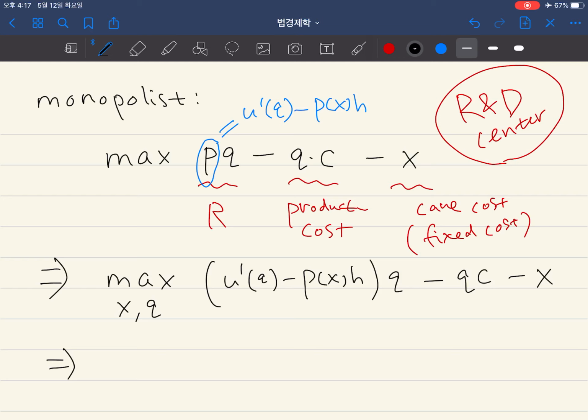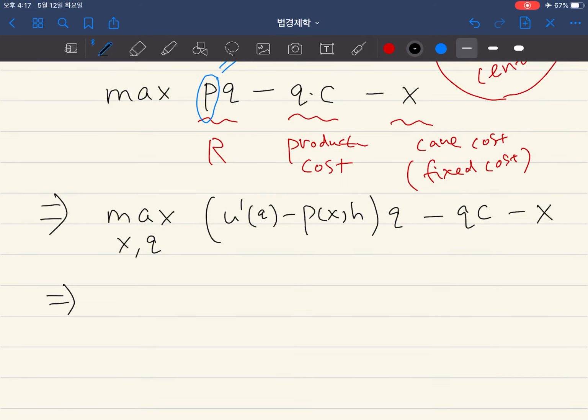So we can take the derivative. Let's take the derivative with respect to x. Then we get this expression.